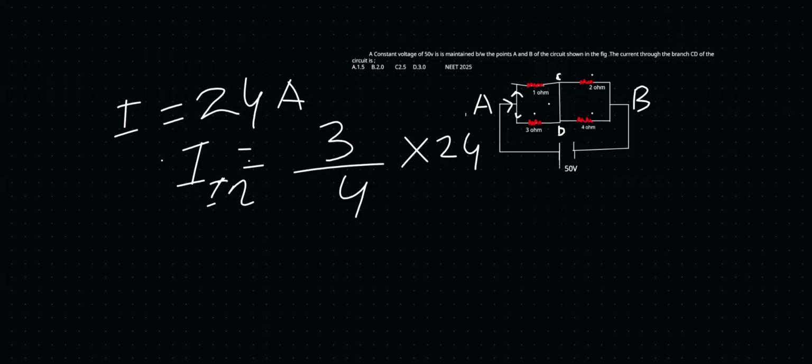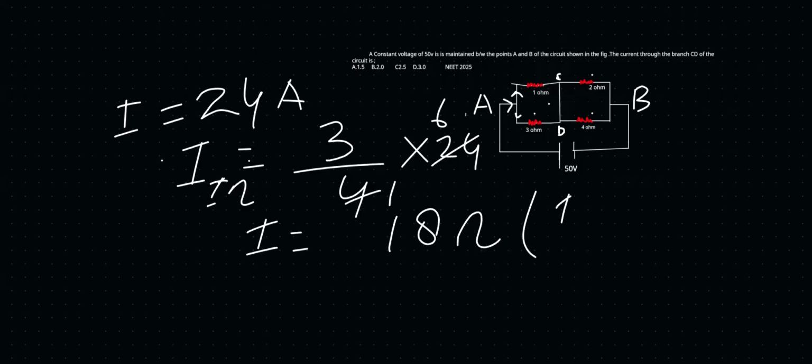So 4 sixes are 24, and this will be 18 ampere. This much current is flowing through the 1 ohm resistance.